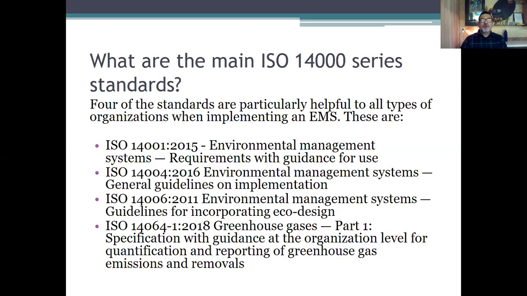ISO 14004 provides guidance on the establishment, implementation, maintenance and improvement of an environmental management system and its coordination with other management systems. ISO 14006 is intended to be used by those organizations that have implemented an environmental management system in accordance with ISO 14001, but can help integrate eco-design into other management systems.